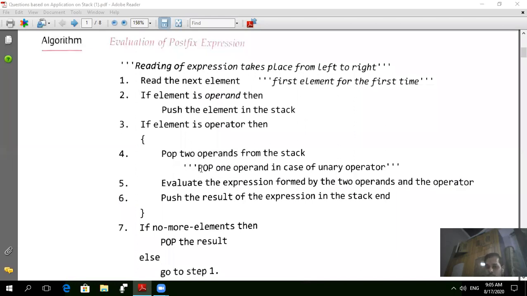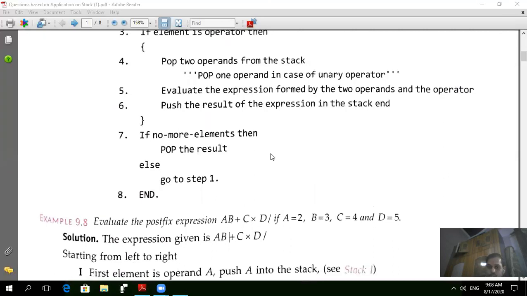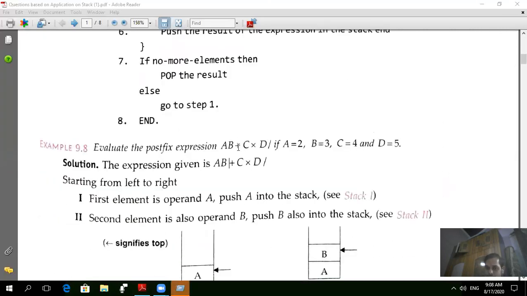So pop one operand in case of a unary operator, because a unary operator needs only one operand at a time, whereas a binary operator needs two operands at a time. So if the element is an operator, according to the question here the plus sign is given. Plus sign means this is a binary operator, so we need to pop two operands from the stack.